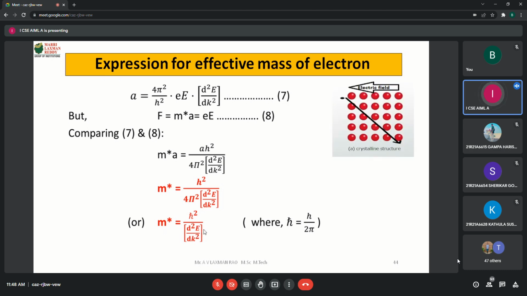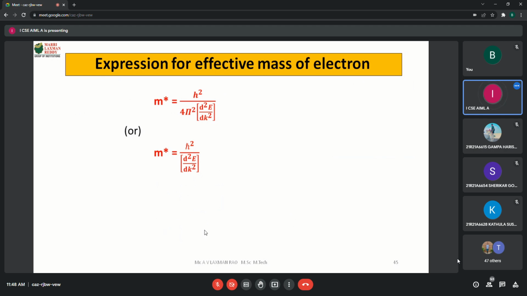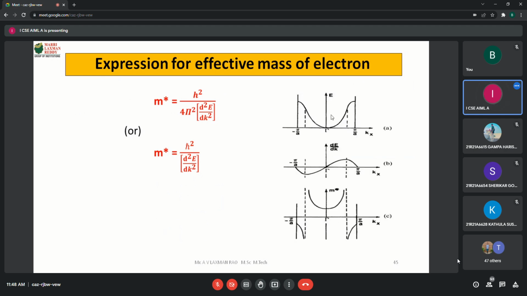Once you go through it, these things are very easy actually. So this is E versus k, dE versus k, and m star versus k. These diagrams you cross-check with your classwork notes. If you made any mistakes in classwork, correct them by seeing these diagrams.